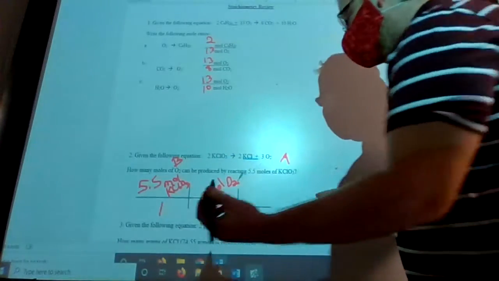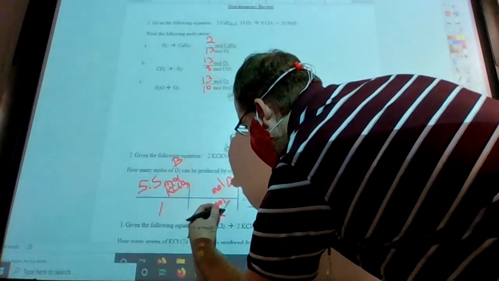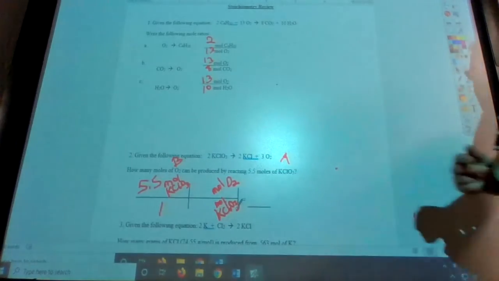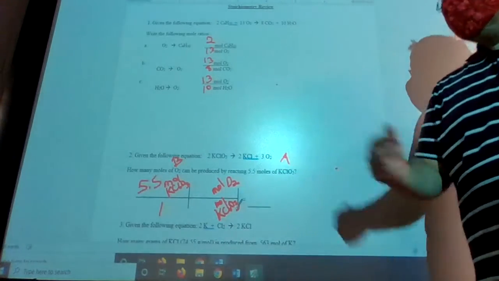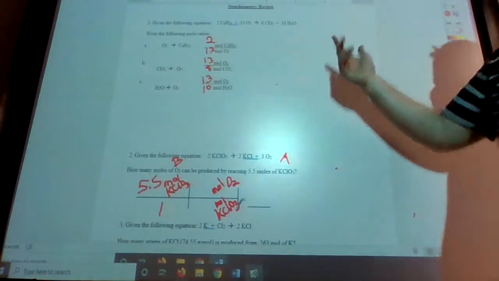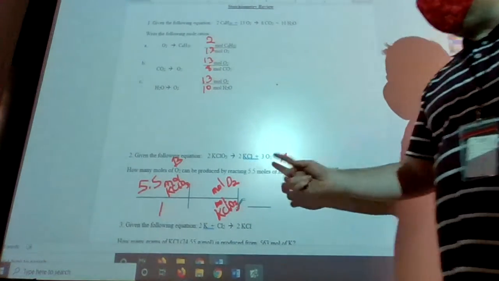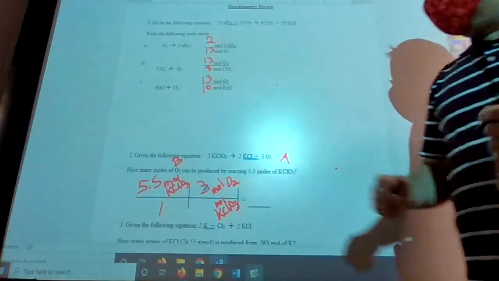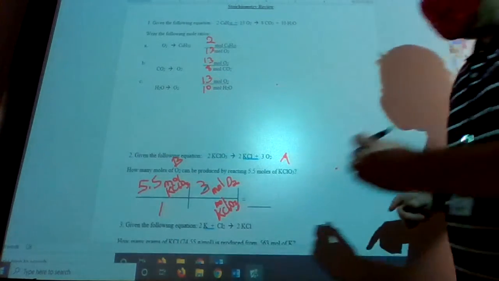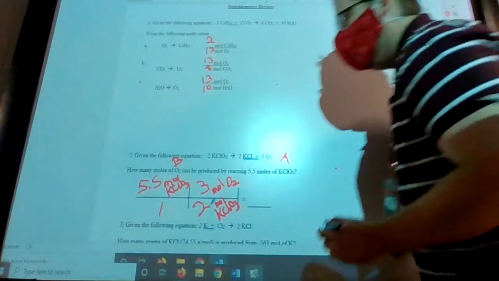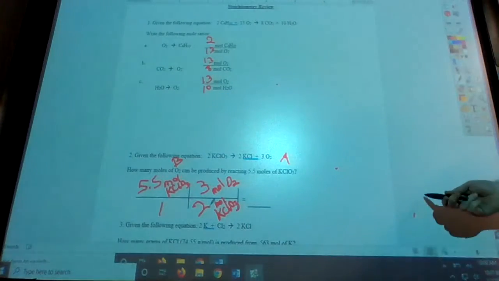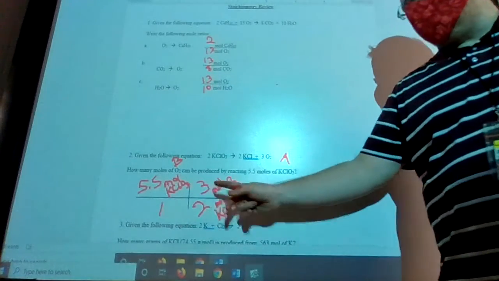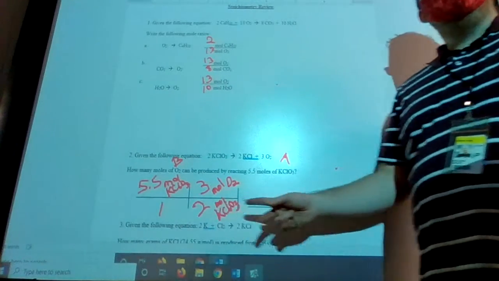And on bottom, I want moles of KClO3. And now, where do I get my numbers from? Just like up top, the coefficients of the balanced equation. What's in front of O2? A 3. What's in front of KClO3? A 2. So I have everything filled out now. My problem is 5.5 times 3 divided by 2.